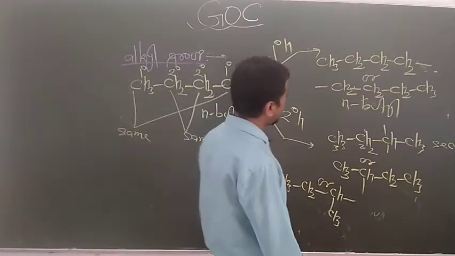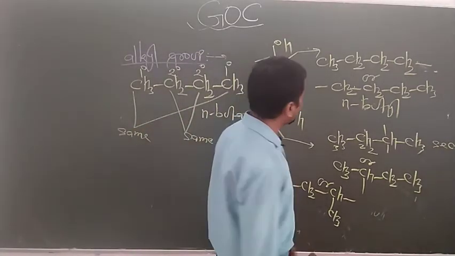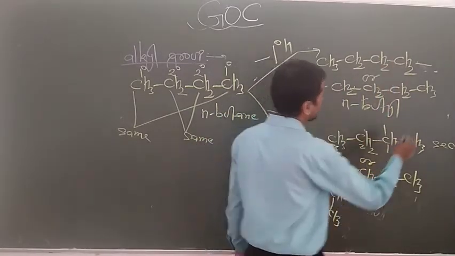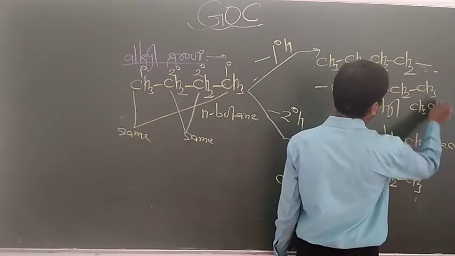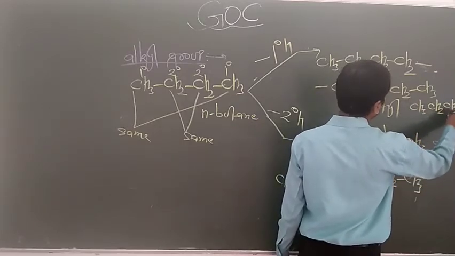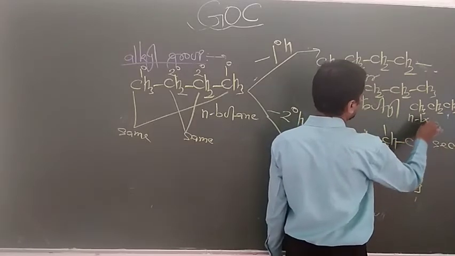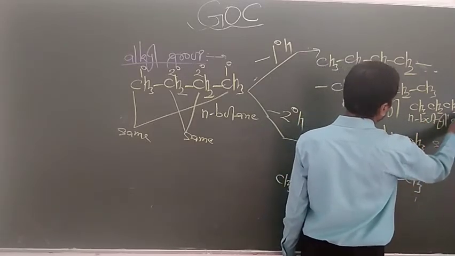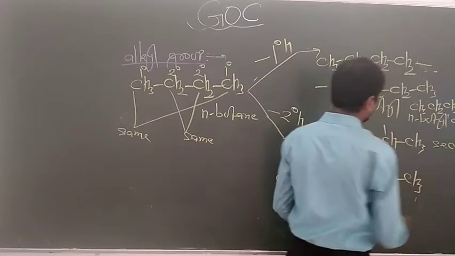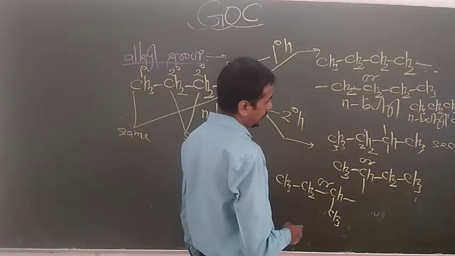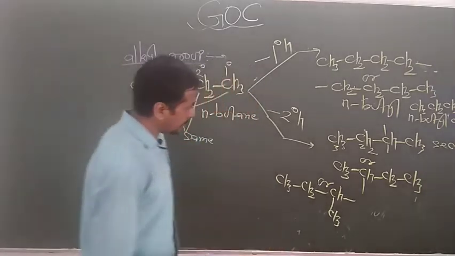So one question may also be raised: write the formula of N-butyl alcohol. You can add OH either on this side or this side. So now look at the formula of N-butyl alcohol. OH. Now this is N-butyl alcohol. Now one question may be raised: write the secondary butyl alcohol, secondary butyl chloride, cyanide.